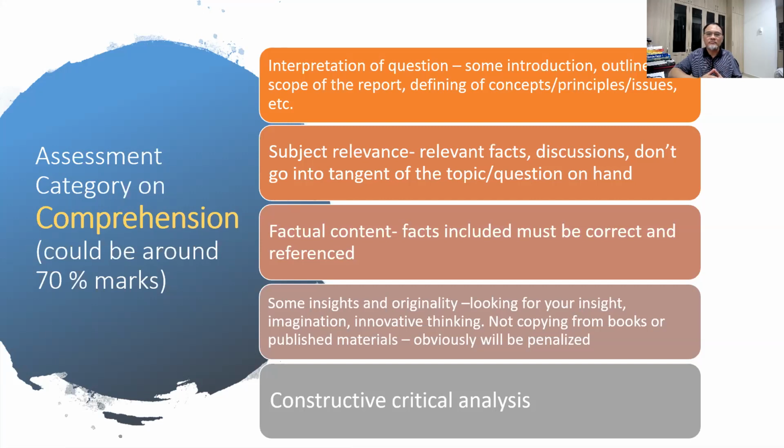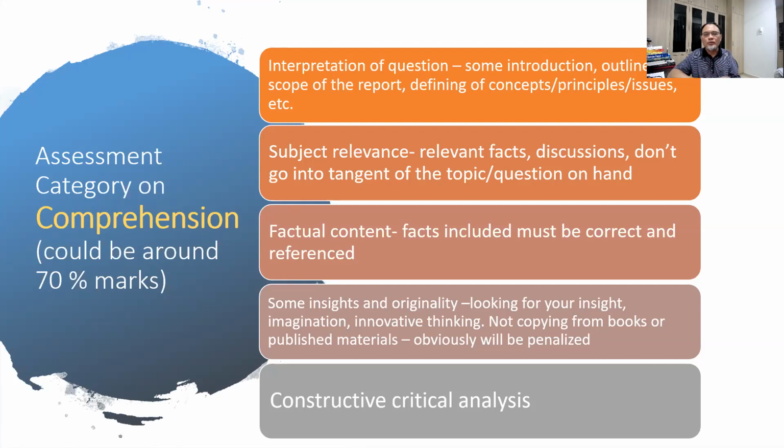You have to have some introduction, outline or background of the issues, and then the scope of the report, define concepts, make sure the subject is relevant, providing relevant facts and discussion. For example, when you do lean, if you're required to come up with the value stream mapping, make sure there is the processing time, and the value added time, and so on. So these are relevant facts related to the question at hand.